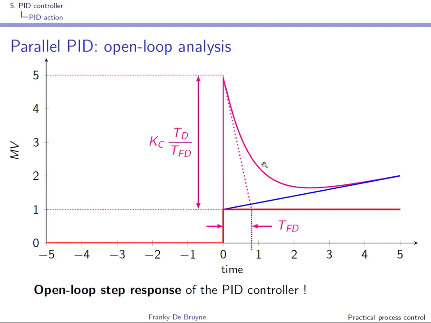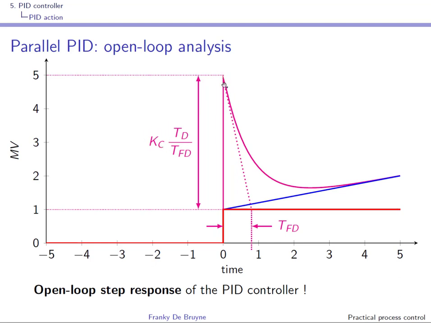And of course, in this derivative action, you can influence the derivative kick, as we have seen, and then it's the ratio TD, the derivative time constant, over TFD. This is the time constant of the first order filter that filters the derivative action, and it's this ratio that is kind of imposing the height of the derivative kick. Of course, the whole thing is multiplied by the gain of the controller, right?